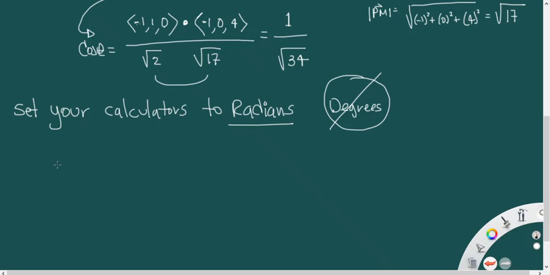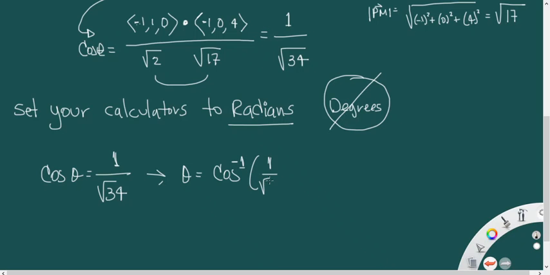Okay, so the cosine of theta equals 1 divided by the square root of 34. If we want to solve this, then the angle theta is going to be equal to the inverse cosine of 1 divided by the square root of 34.